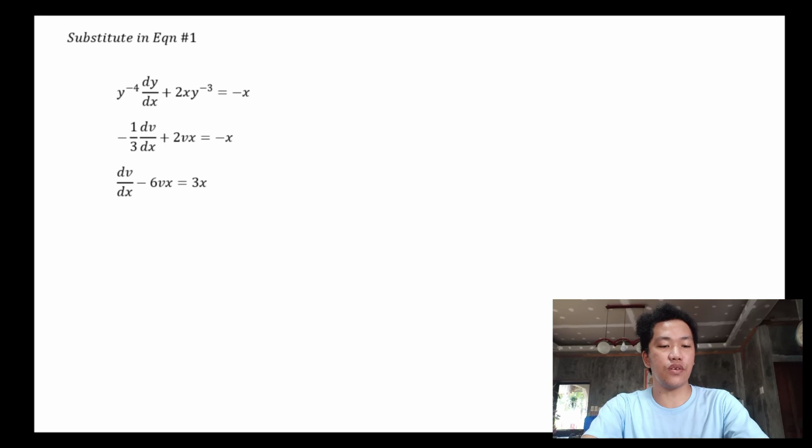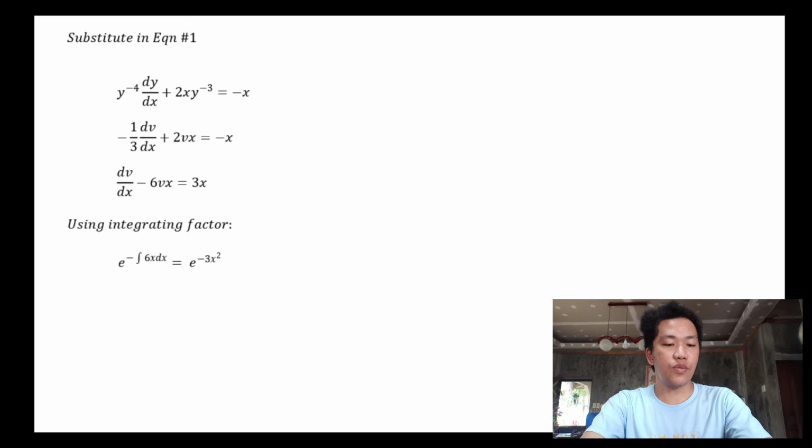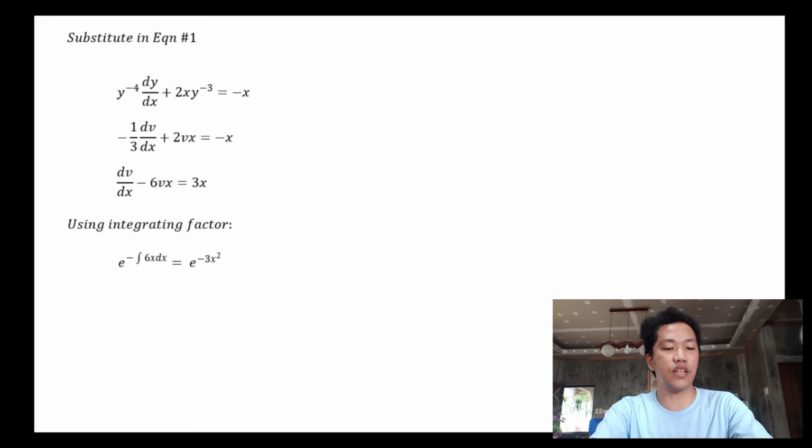So ito na po yung sagot po natin, and then gagamitan po natin siya ng integrating factor. Ito po yung topic po nung mga nakaraang grupo. So, yung 6vx po natin, tsaka yung 3x po natin, isa-substitute po natin siya sa integrating factor.